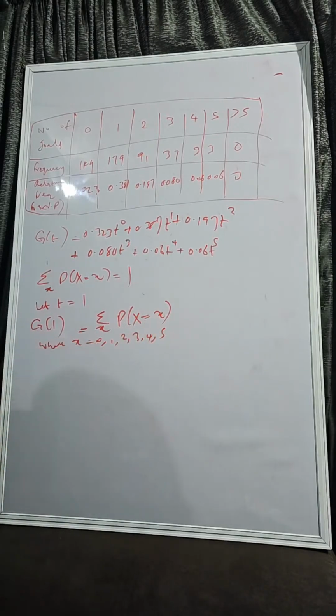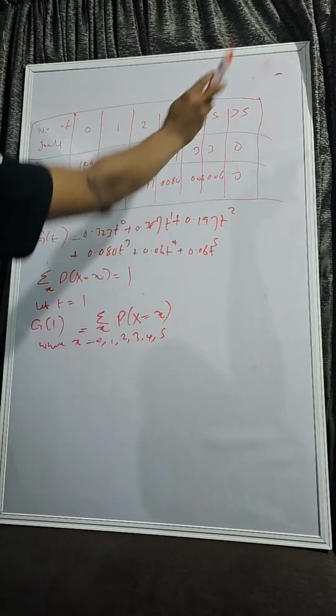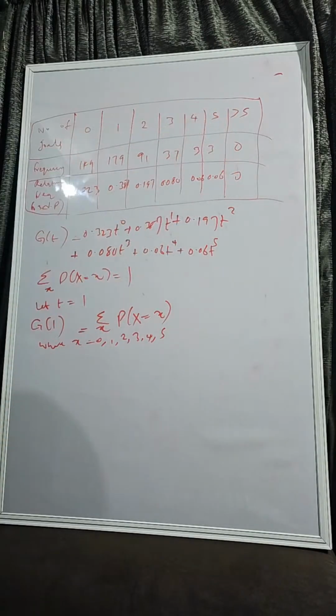In this case we are stopping at 5 because 0 will take this out. So based on this, we know it must always equal 1.